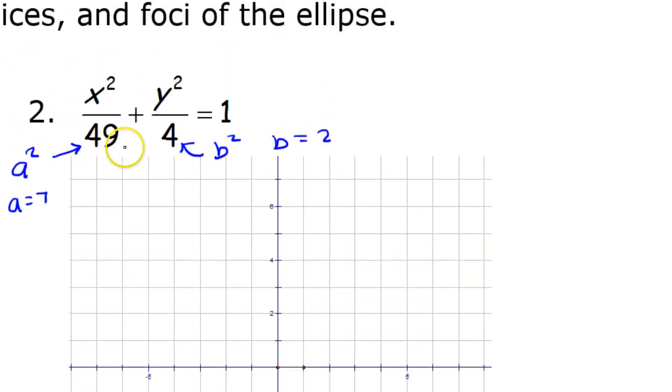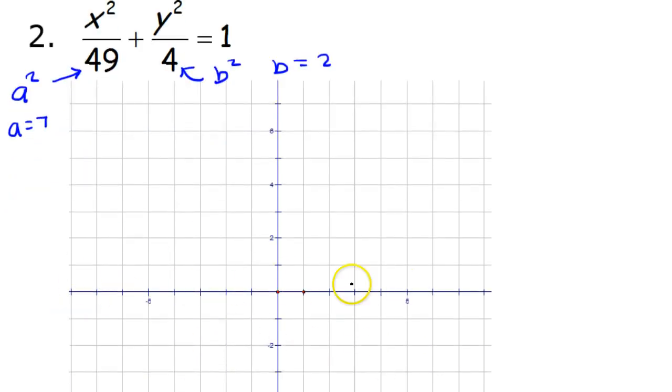Now, is this going to be horizontally stretched or vertically stretched? Because the bigger number is with the x squared term, that tells me that this will be longer in the x direction. So when I go to do my vertices later, that means I'm going to take the 7 and add and subtract horizontally.